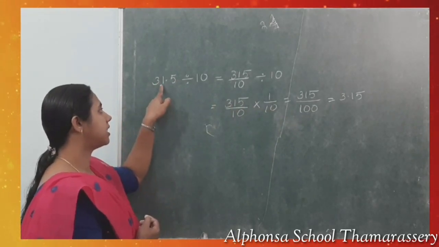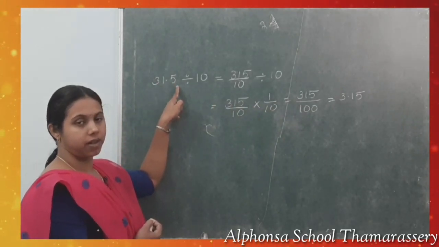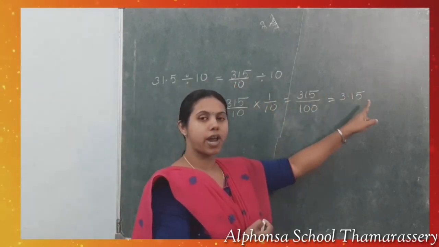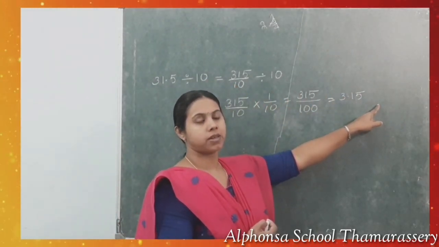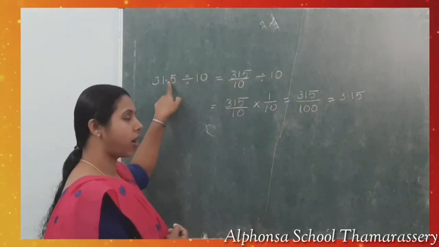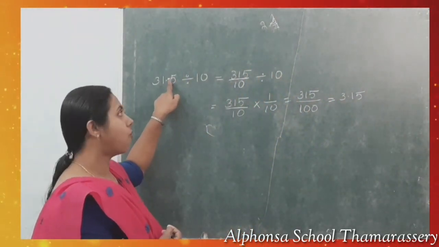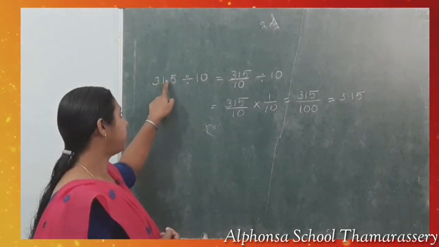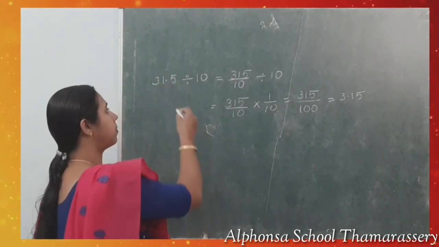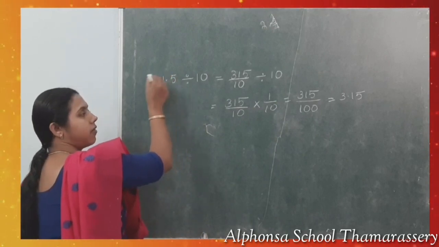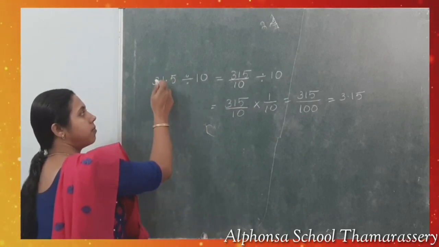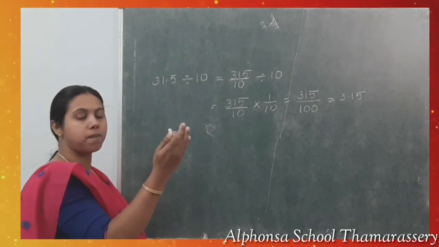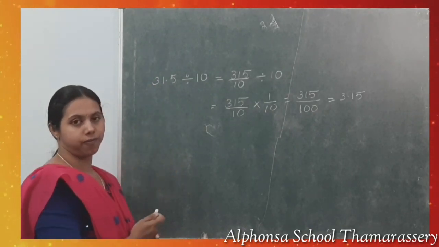Here the question is 31.5 divided by 10, and you got the answer 3.15. So the decimal point moves one place to the left.